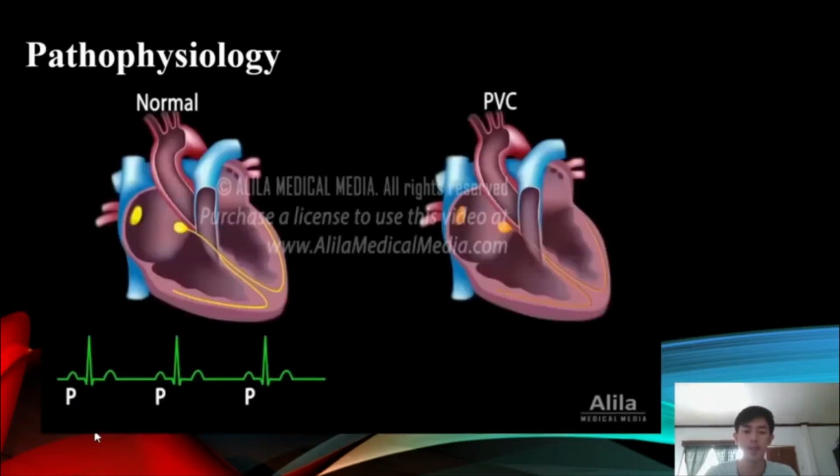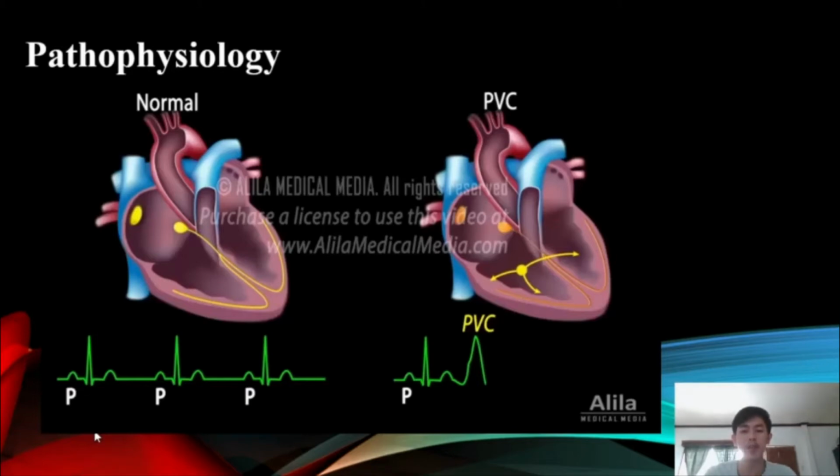A PVC happens when the ventricles are activated prematurely by an abnormal firing site called an ectopic site, located in the ventricular area. Because the ventricular depolarization occurs not from the atria, PVC QRS complexes are not preceded by P waves.